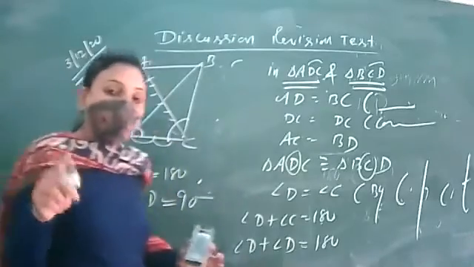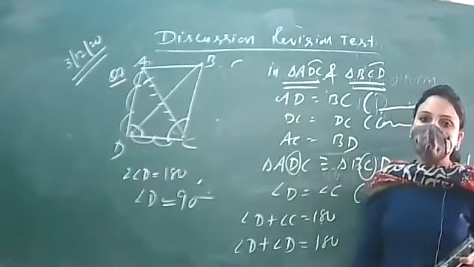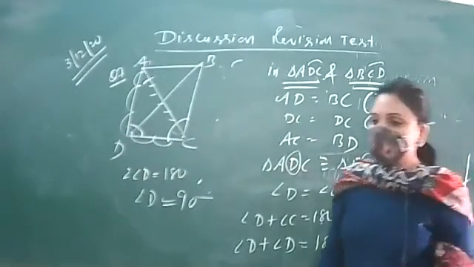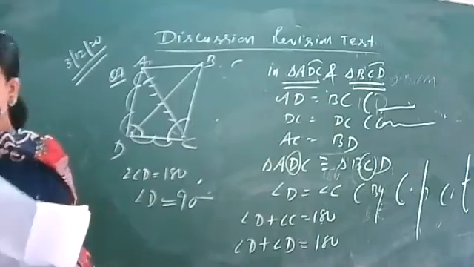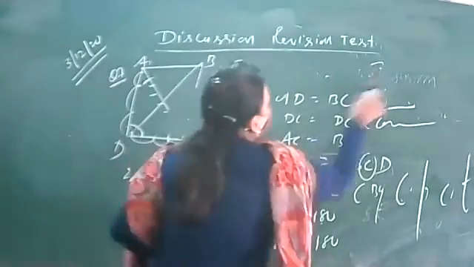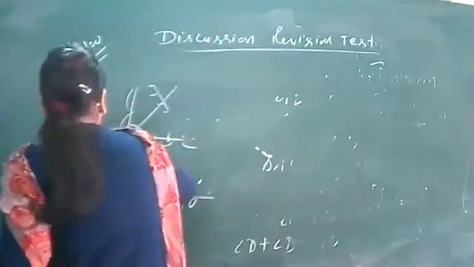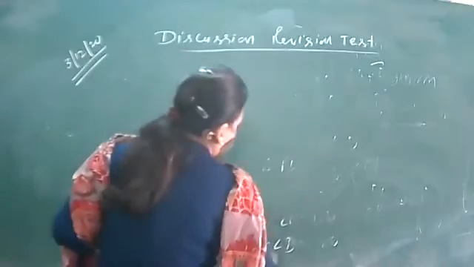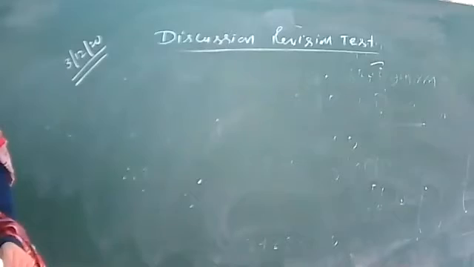And if in a parallelogram one angle comes out to be 90 degree, that will become a kya? Rectangle. Hence proved. So this is question number 7. Let us start with 8. Question number 8, we are going to start with.